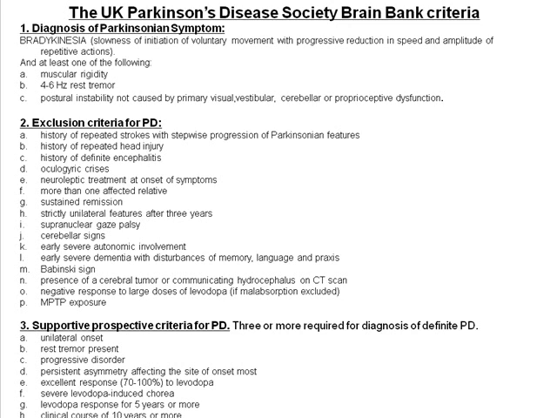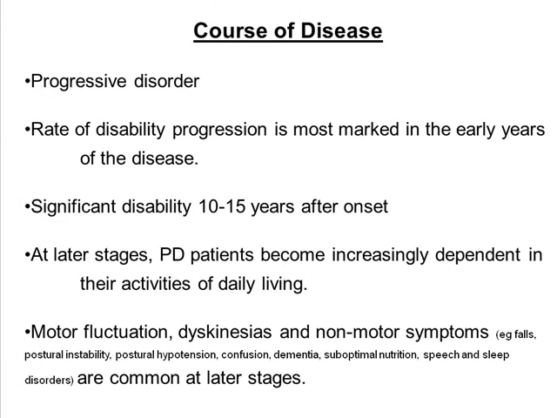Just remember that most of them include the 3 cardinal signs, that they must be asymmetrical at onset, they respond to your treatment, and you have looked for atypical features and there is none. That is all that we need to remember for the diagnostic criteria. I think maybe I'll skip this because of limitation of time.